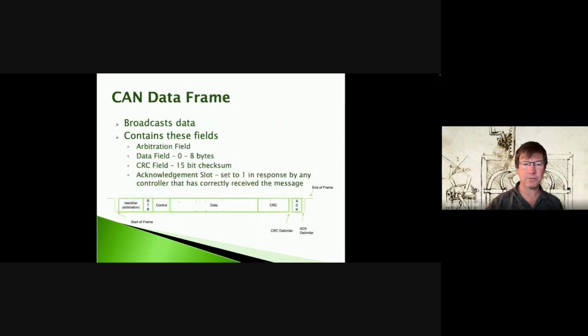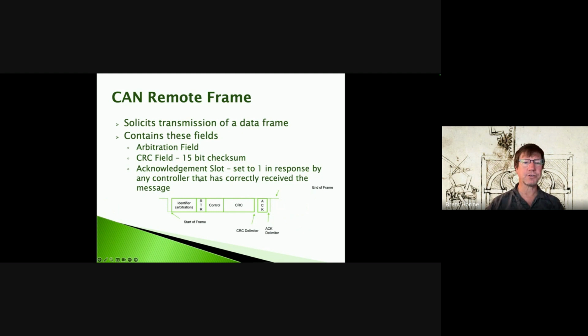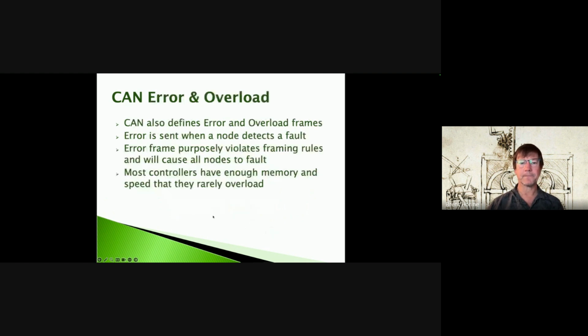A lot of times we're just setting up these things to maybe periodically post data to the bus, or maybe it's event driven. When something happens, it sends data on the bus, but you can also ask for it, right? And so obviously we don't have a data field here, so that information is going to be in that control frame right there.